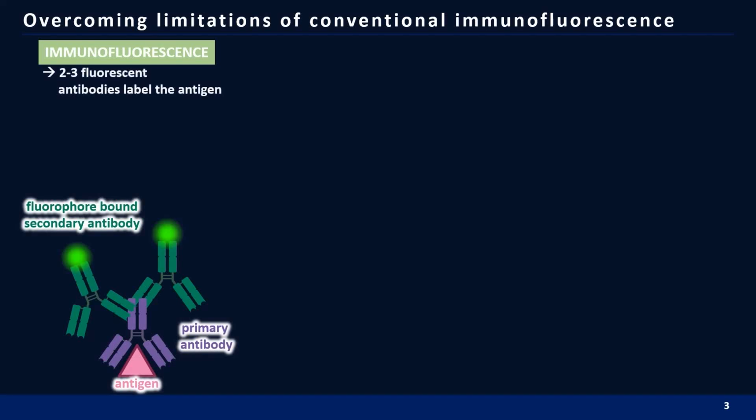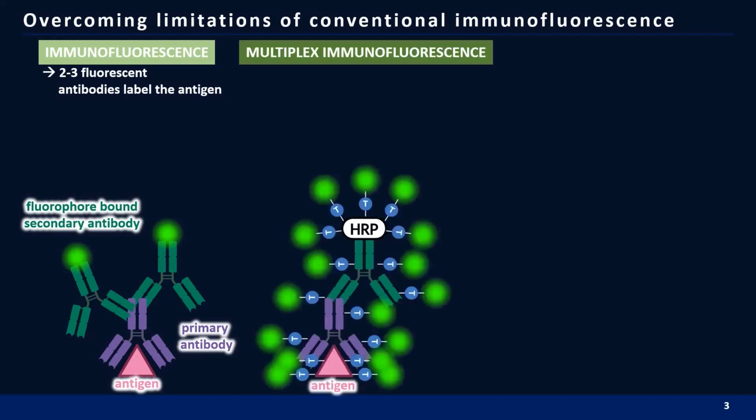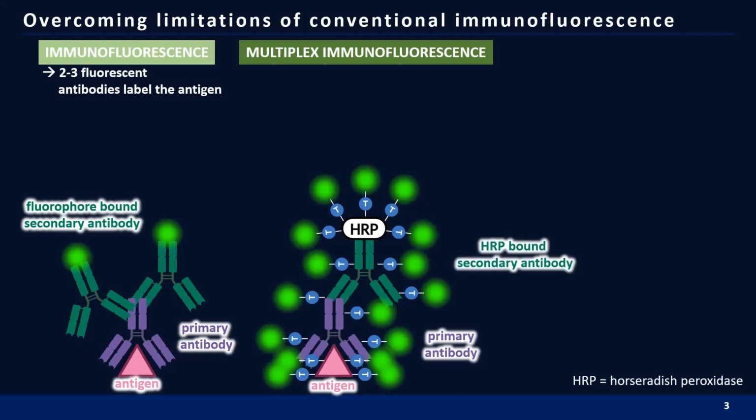To each primary antibody, 2 to 3 secondary antibodies can be bound due to the spatial interference caused by the size of these antibodies. On the other hand, multispectral staining is a cyclic method, and in this method, each staining cycle focuses on a single antibody labeling sequence. Following primary antibody and HRP-bound secondary labeling, the tyramide-bound fluorophore covalently binds to the antibody complex as well as to the antigen itself.